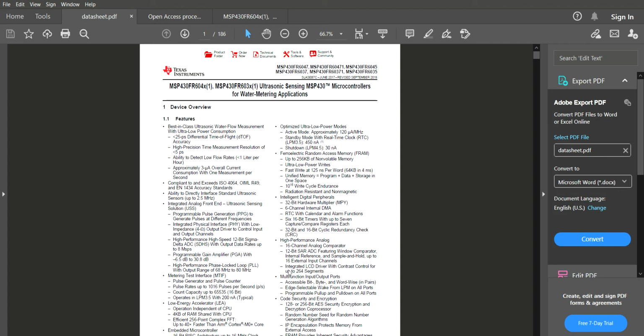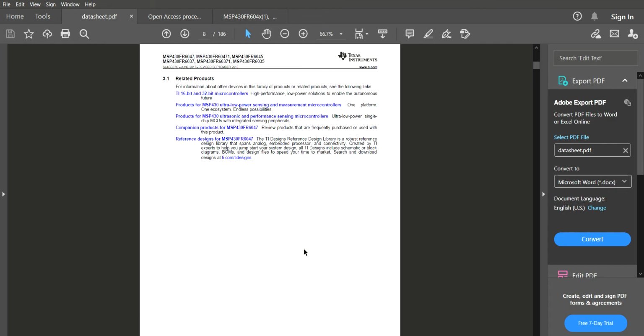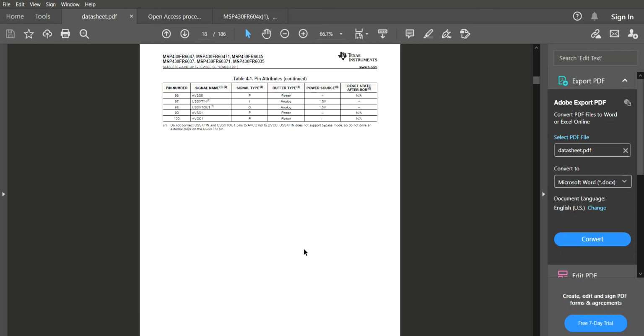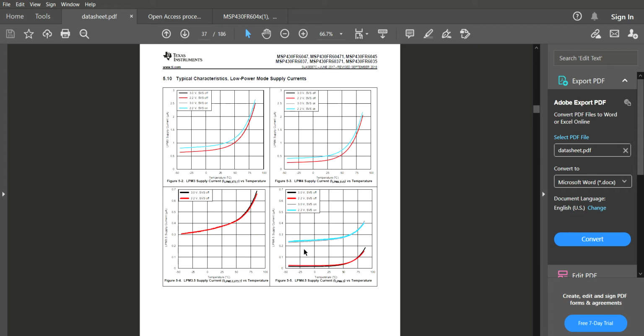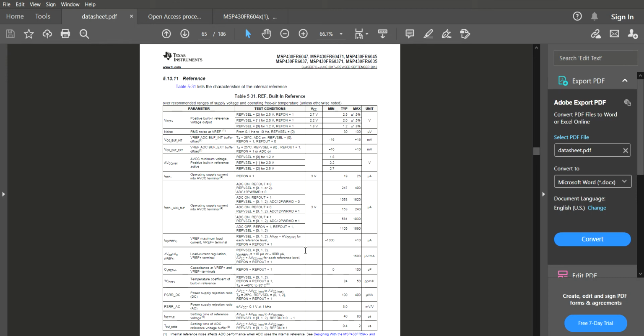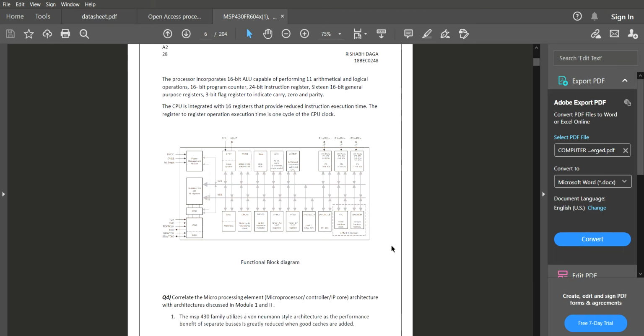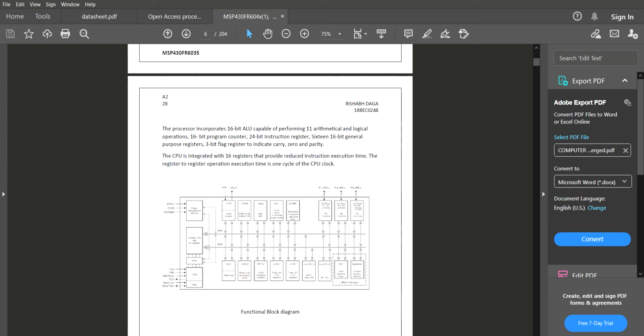So for a 16-bit RISC architecture, a 16-bit RISC architecture is something that you should also Google online, because not all of the things can Texas Instruments provide in a single datasheet, especially something so wide as architecture type.